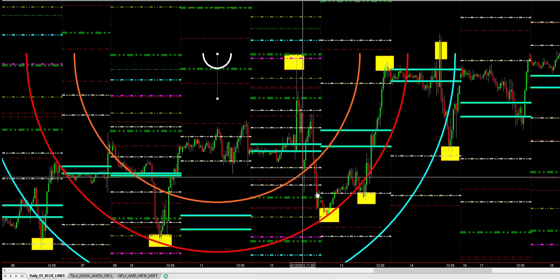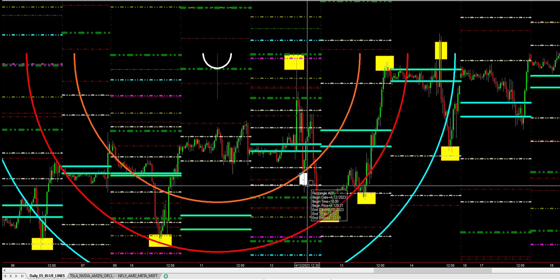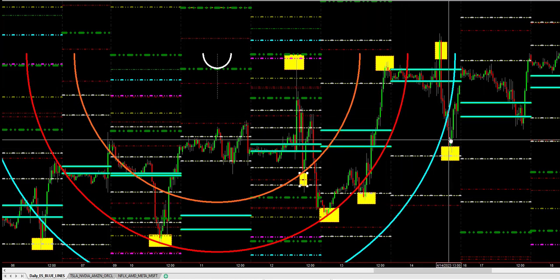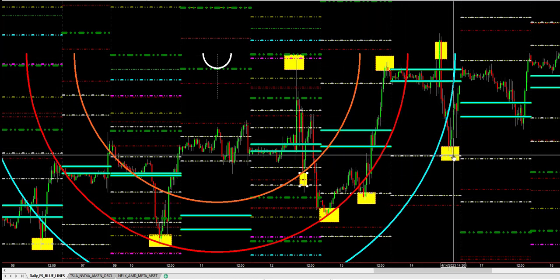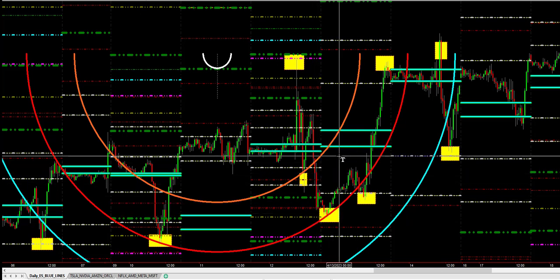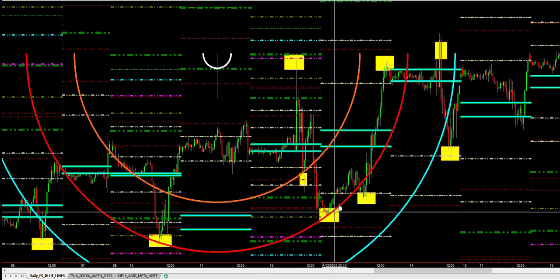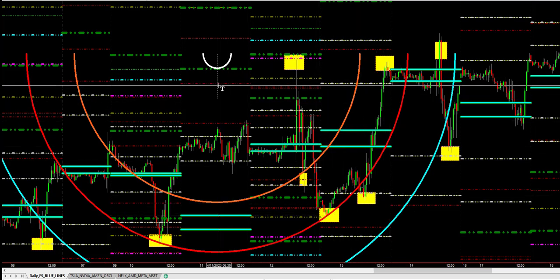One is where they hit precisely, you should expect a turn, and where they go vertical is also a turn. But we will focus on just where they hit these areas. The market should reverse from there.